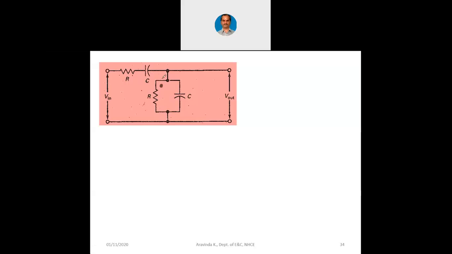This C and this R is a lag circuit, whereas this R along with this C is a lead circuit. Now there is a combination of lead as well as lag circuit. So unlike the earlier circuits, here we don't have 6 components, we have only 4 components. That means we are saving the number of components. That is the advantage of Wien bridge oscillator.